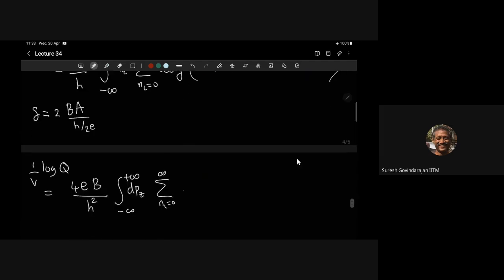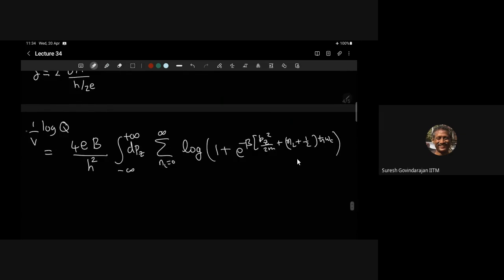It will become 1 by V. Let's take V to the other side. 1 by V log Q becomes 4e B by h squared. So this is the first formula.